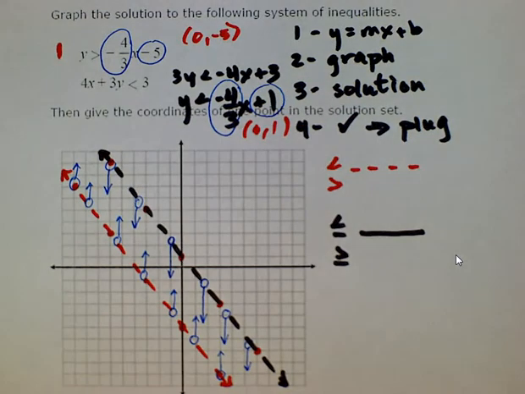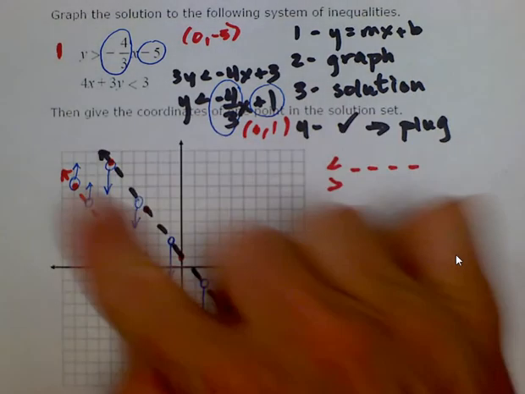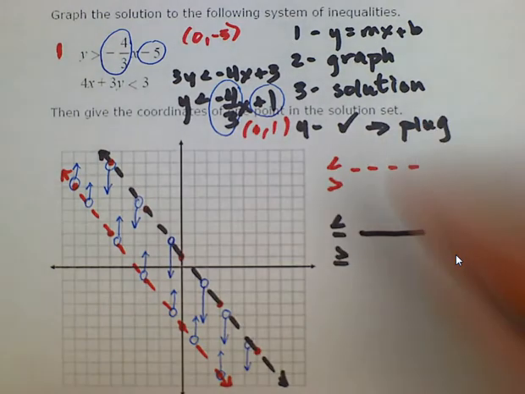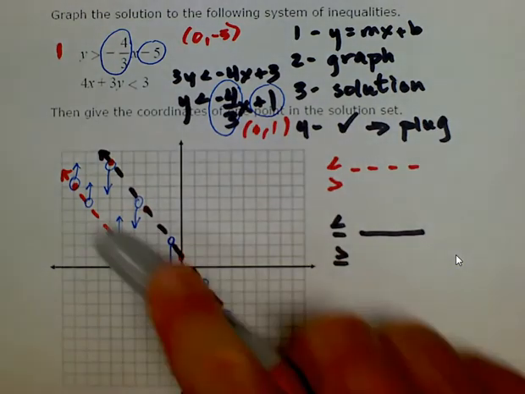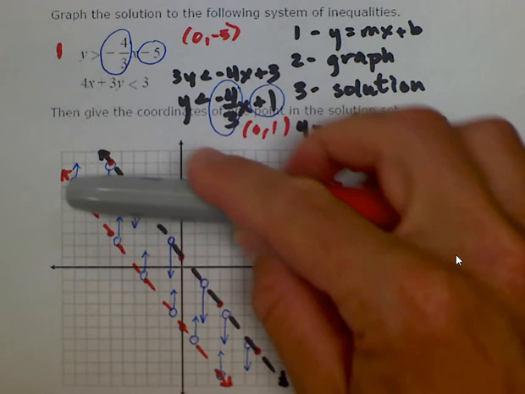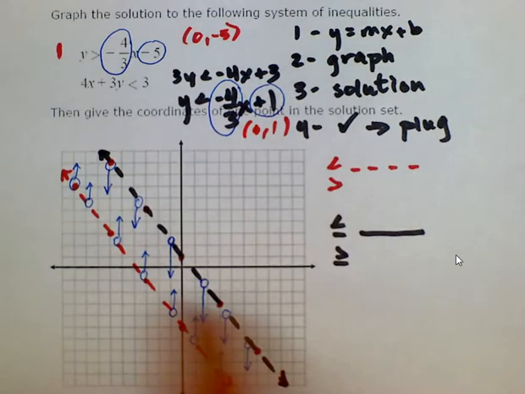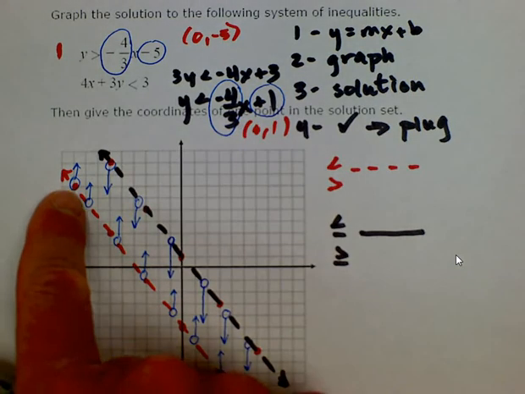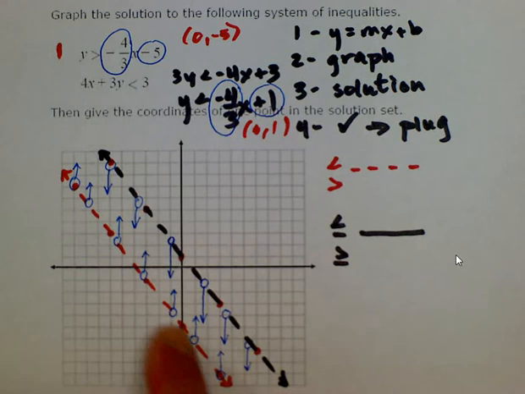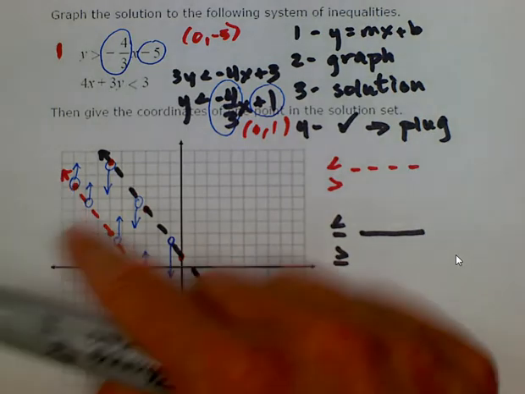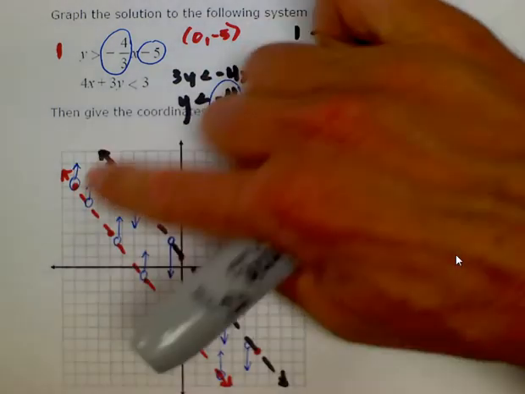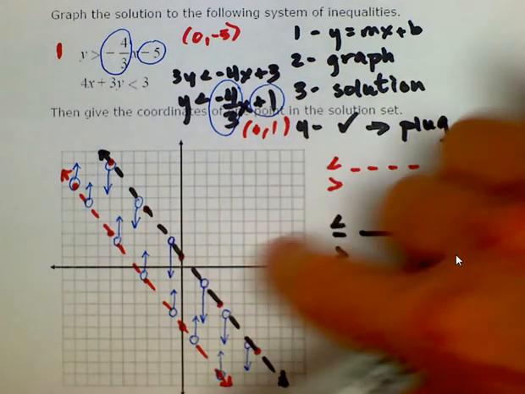So in order for this to be in the solution set, now we see that this first part would include everything. If we were just interested in this inequality here, we would shade everything above the line, including this section over here.